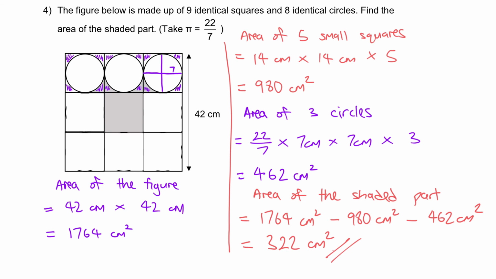Okay, so to summarize, we need to shift the shaded part around so that it's easier for us to manage. Right now, once I've shifted all this small little shaded part up here, all this will just become blank squares. Okay.